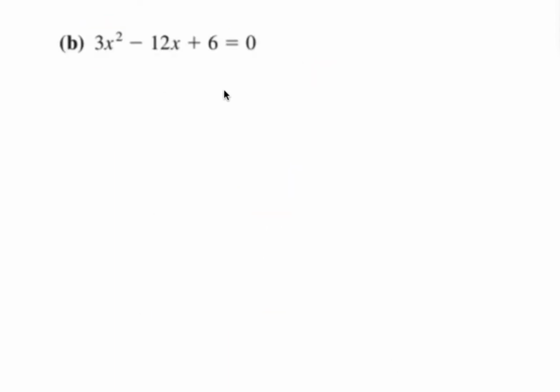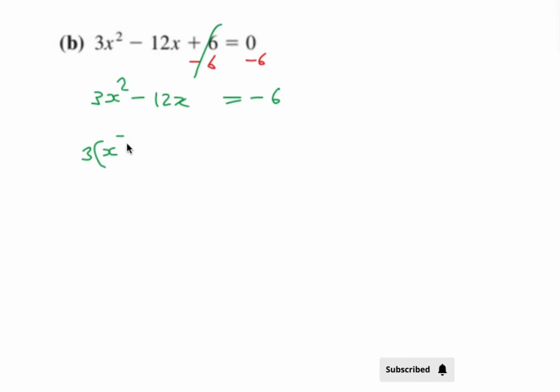Okay, let's do the second question. Here we write all x terms on the left side, and move this constant term to the right side. So for this we have to subtract 6 both sides, equal minus 6. Shall we take 3 common from here? Yes. So 3 times x square minus 4x, equal minus 6.